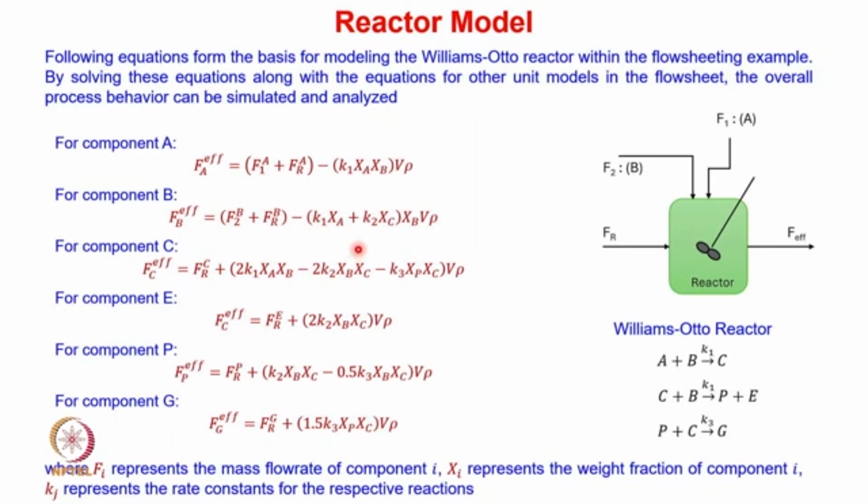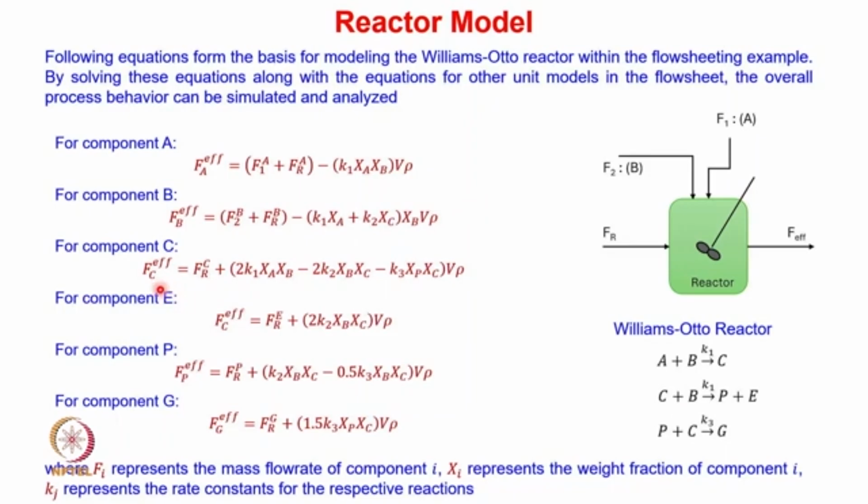K1 XA XB is B getting consumed by reaction 1. Similarly, K2 XC is B getting consumed by reaction 2, multiplied by volume and density.